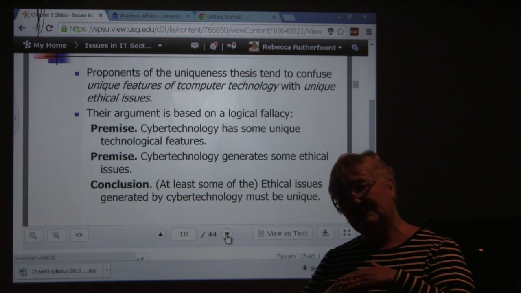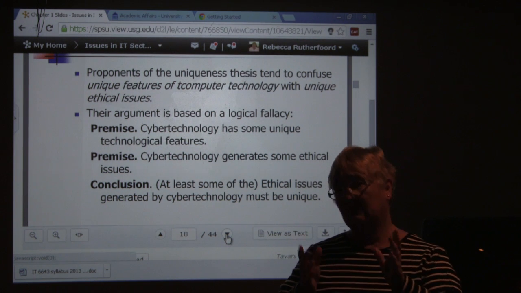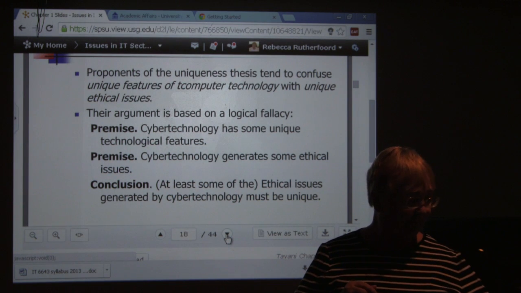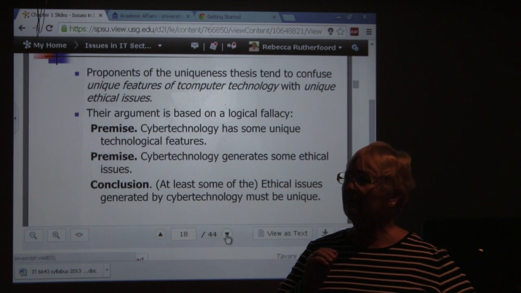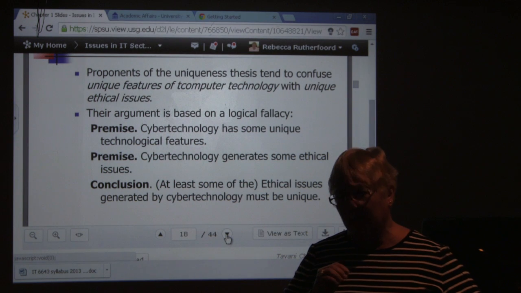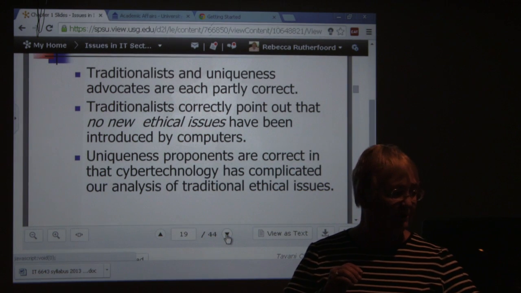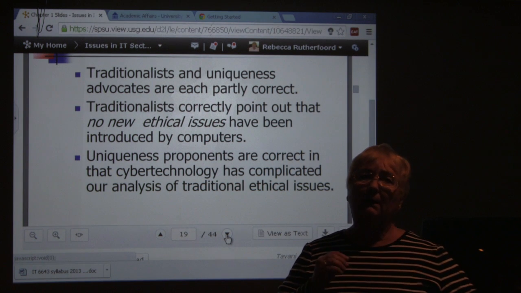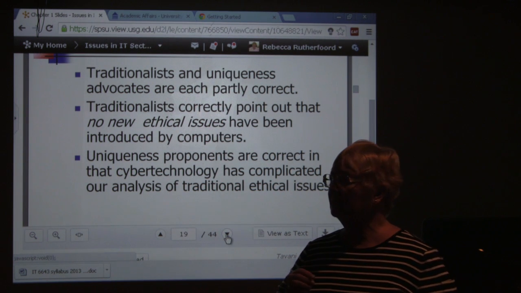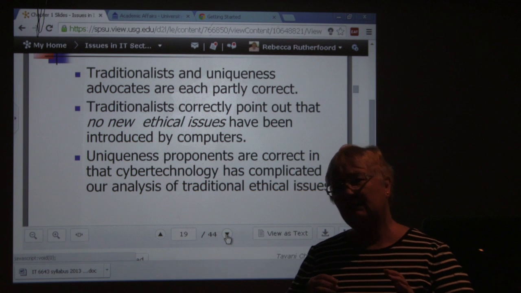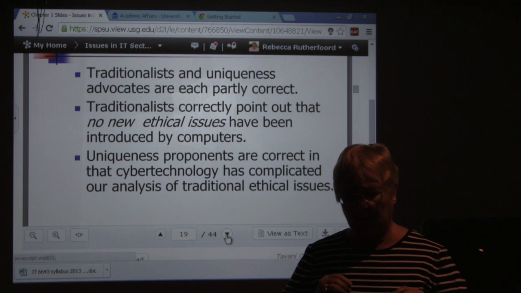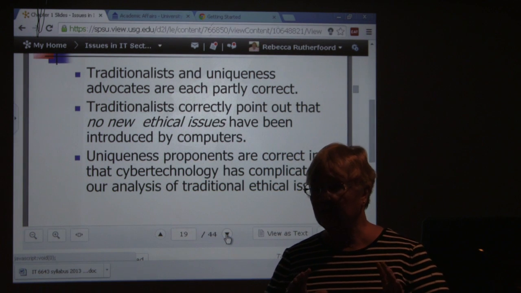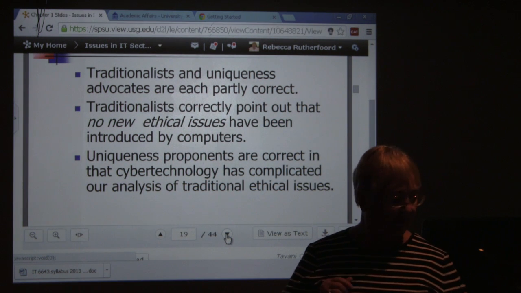But do those new technologies give us some new ethical issues we just haven't had to deal with before? The conclusion is, well, yeah, probably. We might have some unique ethical issues. A lot of what we're looking at isn't a completely new ethical issue, but perhaps it's how we have to deal with it, because the technology has caused us to think about it differently.